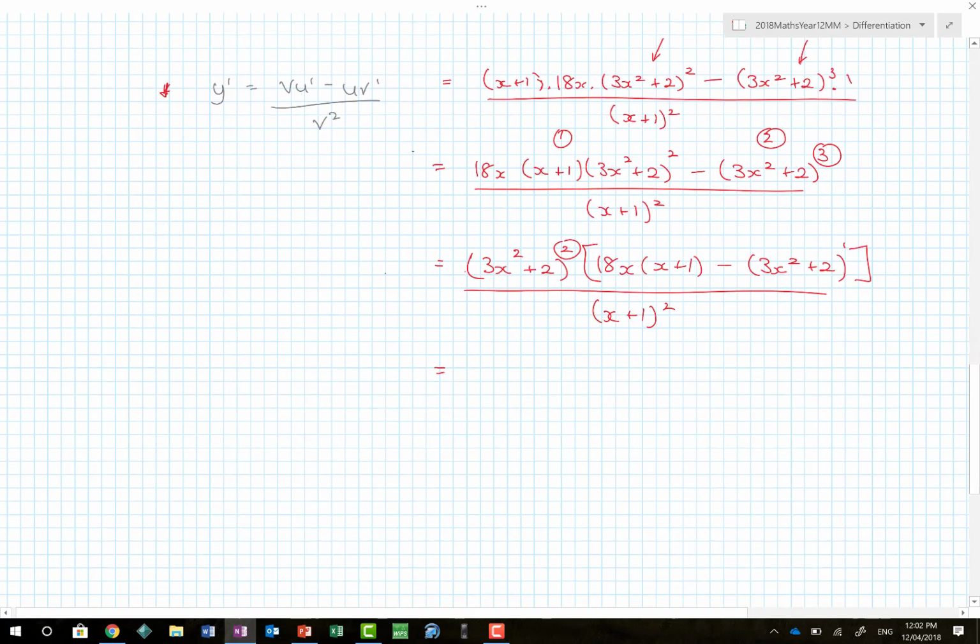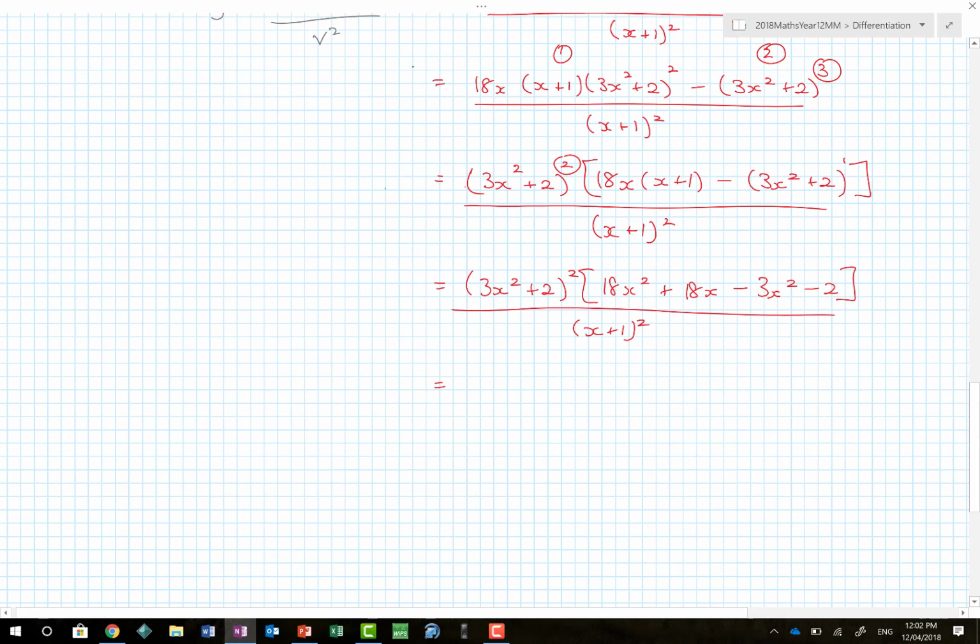Now I have to do a bit of simplification. So (3x squared plus 2) all squared. Leave my square brackets in for the moment. So 18x times x gives me 18x squared plus 18x minus 3x squared minus 2 all divided by (x plus 1) all squared.